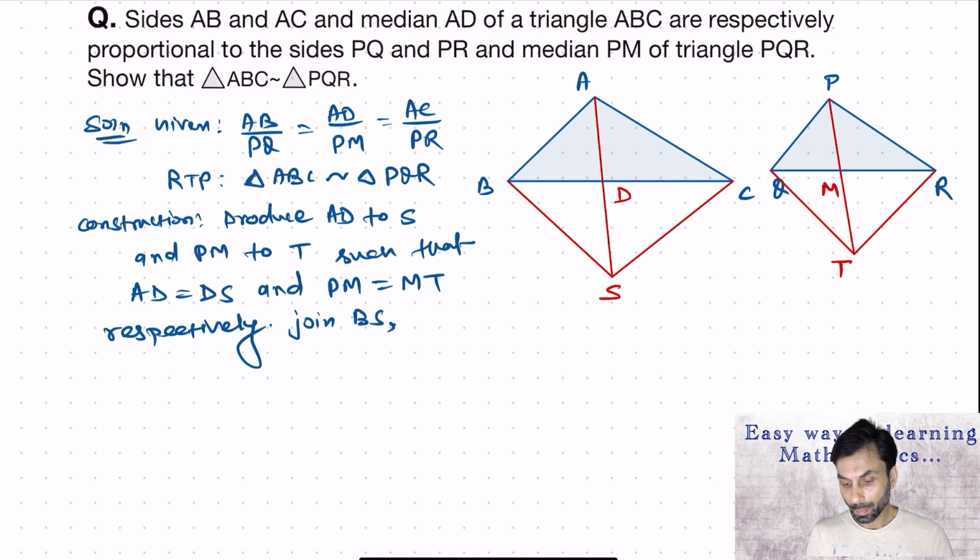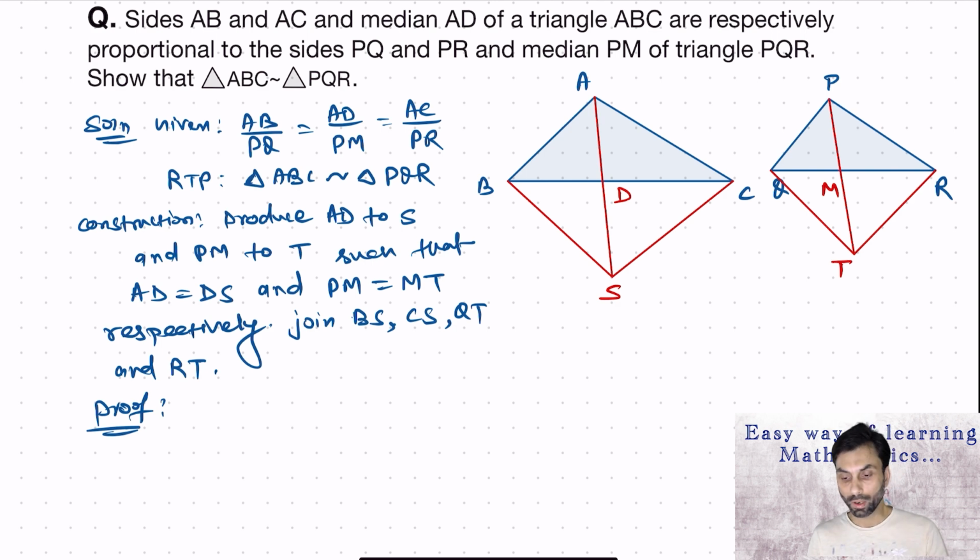Join BS, CS, QT and RT. After doing this construction, we'll move towards the proof part.